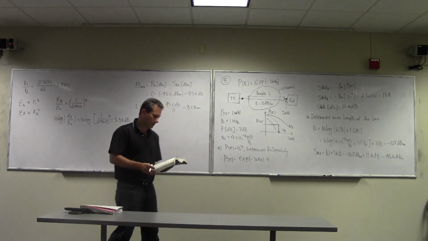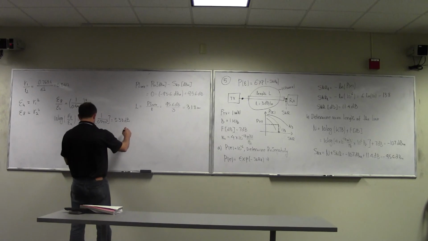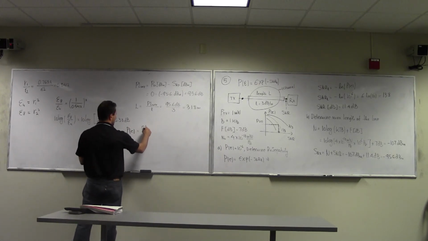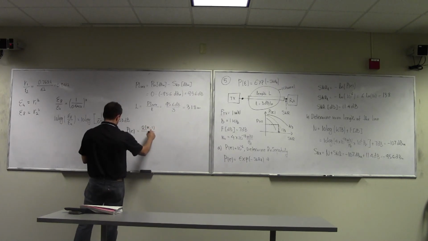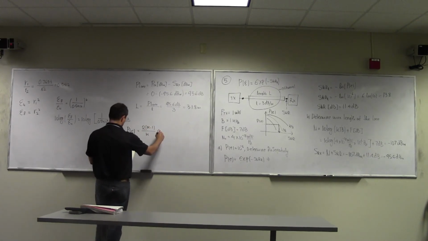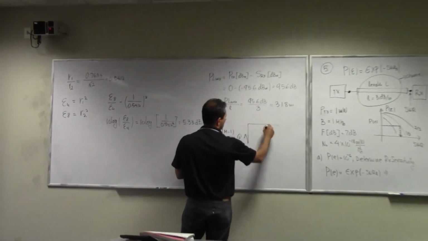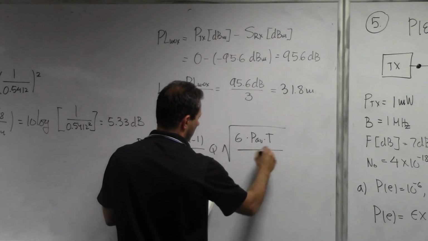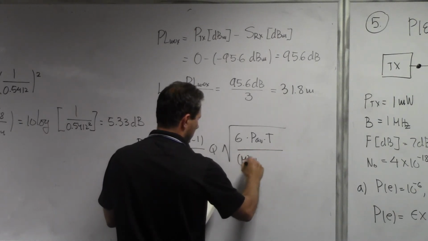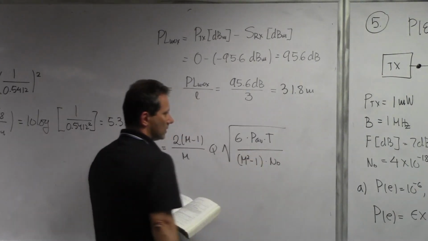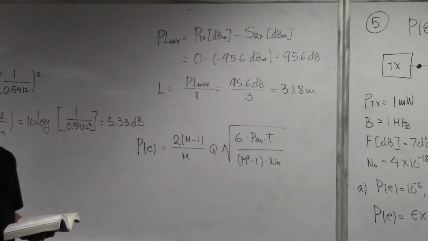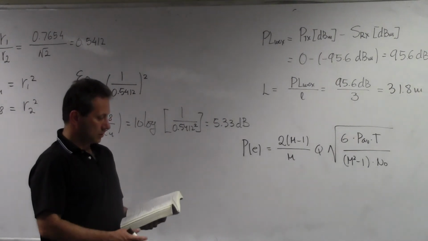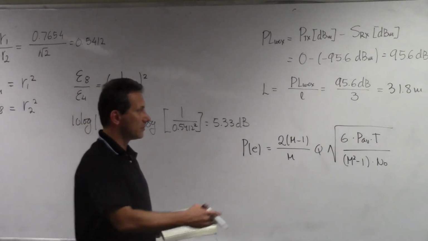We have the probability of error in M-ary PAM given as 2 times (M minus 1) over M times Q of the square root of 6 times P average times T over (M squared minus 1) times N0. So that gives you an expression, and you can start from there.